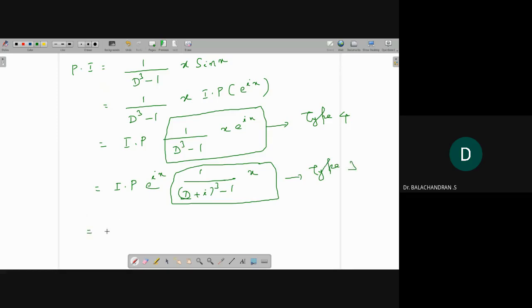Now this is equal to imaginary part of e power ix 1 by, so a plus b whole cube formula, d cube plus 3 a square b plus 3 a b square plus b cube minus 1 into x.